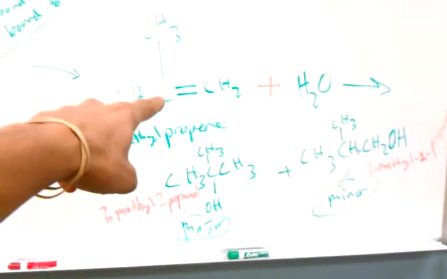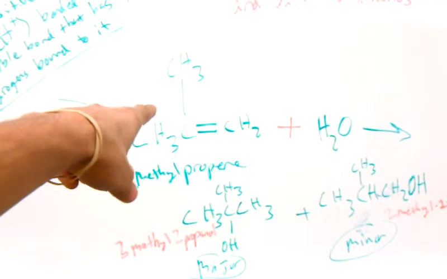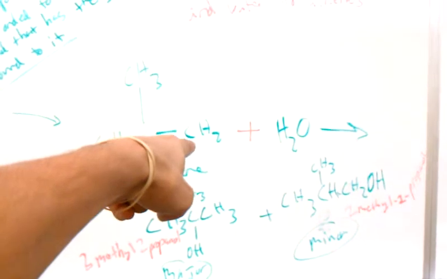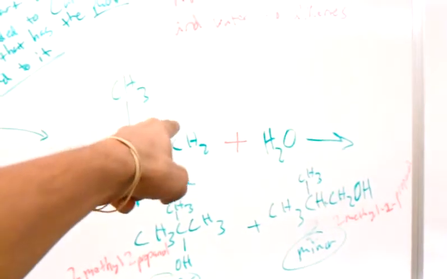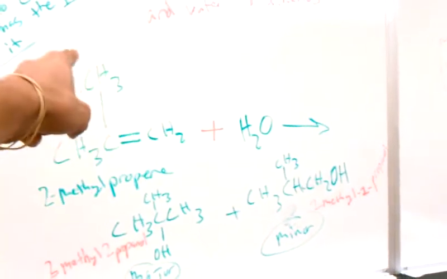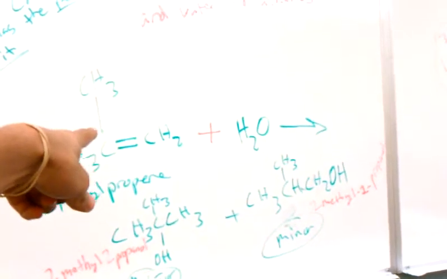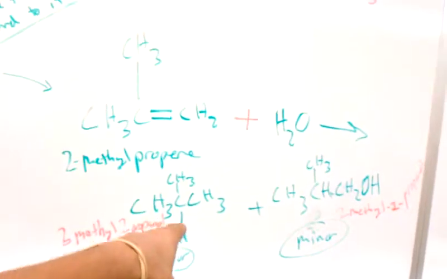So that carbon there on the double bond, the latter carbon, will take on the positive side of the water because it has more hydrogens bound to it. See, it has two hydrogens bound to it, and this one here has no hydrogens bound to it. And that's why there's the product there, see?